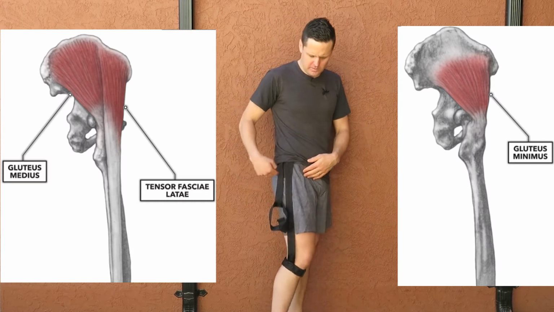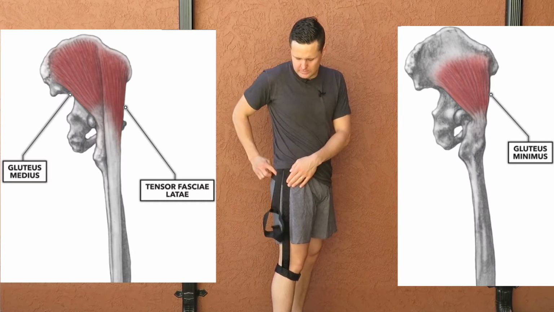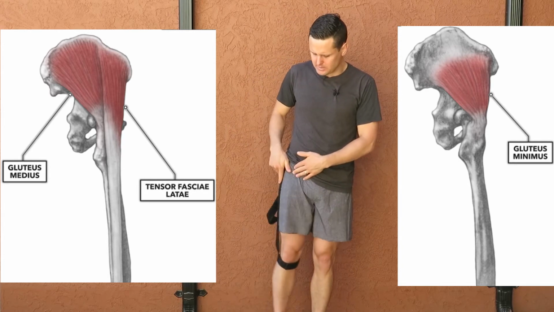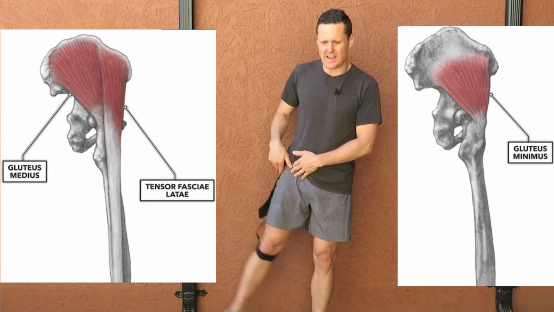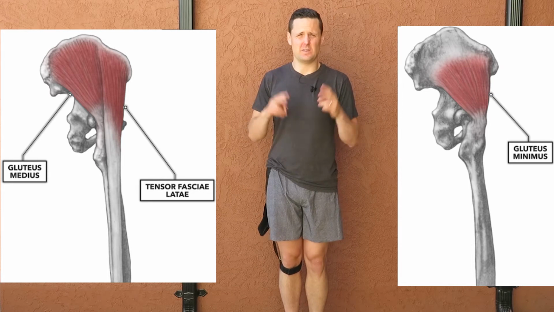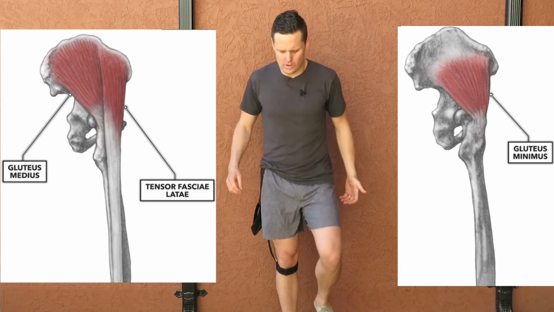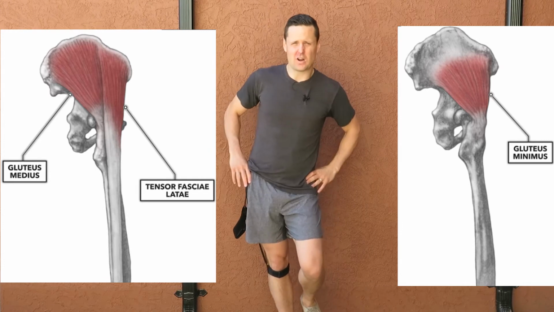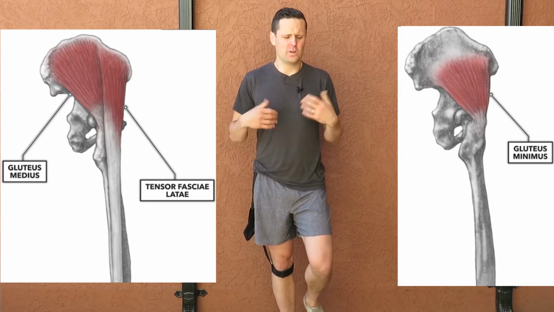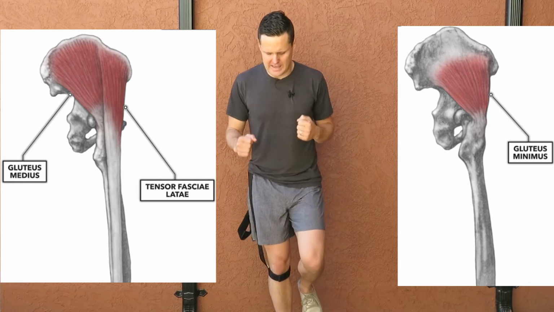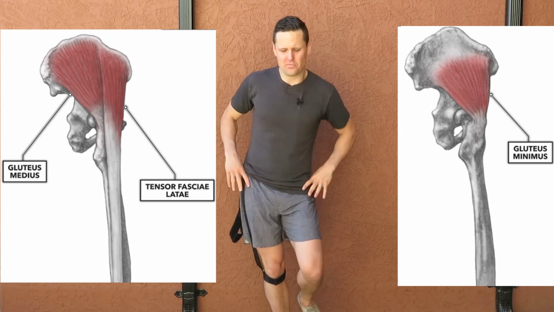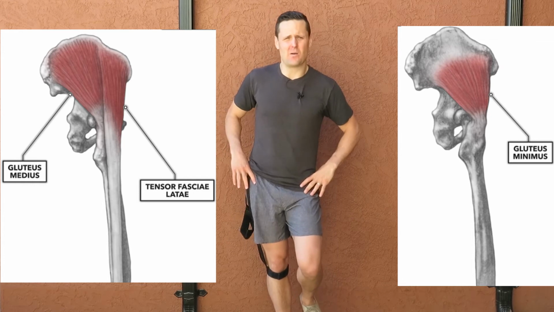It's part of three muscles, TFL, gluteus medius, and gluteus minimus in there deeper, that abduct the hip. So hip abduction is moving the femur out to the side here. That's what we kind of think of the movement of it, but it's also, if my foot is down, preventing the other hip from dropping down. So when you go running, every step you land, the hip abductor muscles have to work to prevent the opposite hip from dropping down.